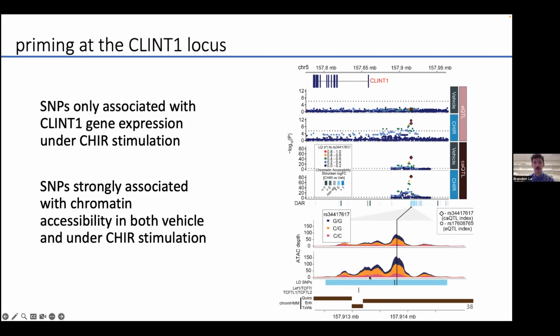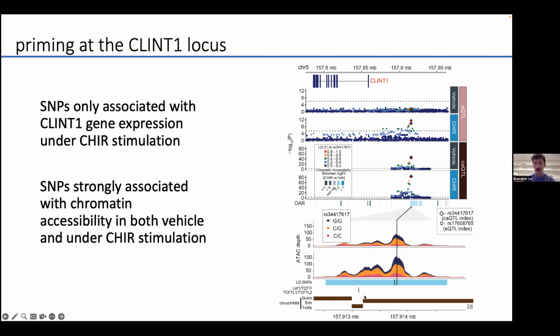Down here, we'll look at some more of these plots later. Just to make sure you understand how they're shown, below the association data we zoom in on this chromatin accessibility peak to show the pileup of ATAC-seq reads and the difference in accessibility based on the different genotypes for this lead variant, shown with the purple diamond.